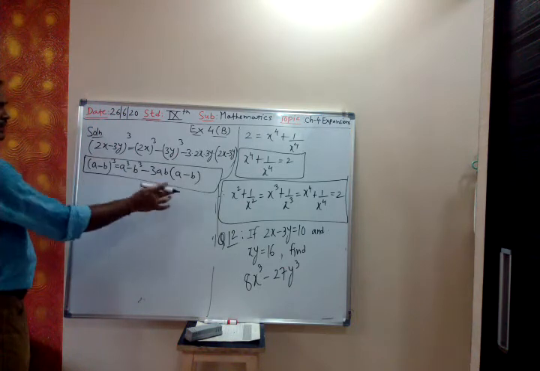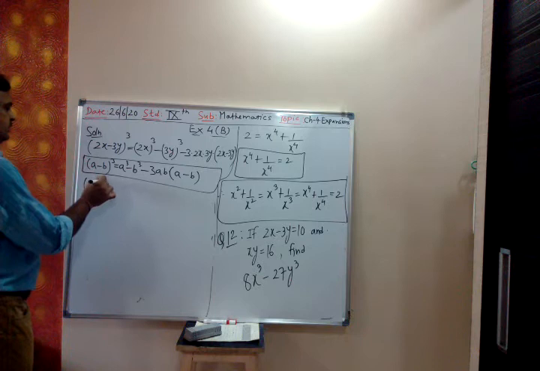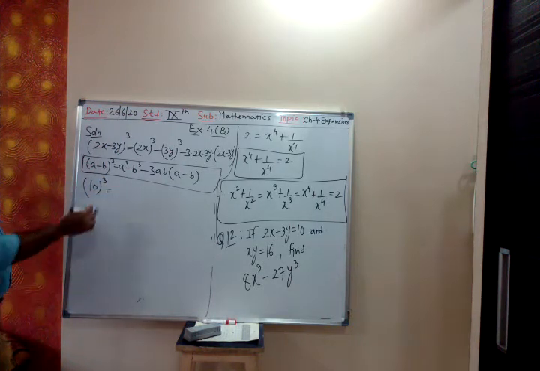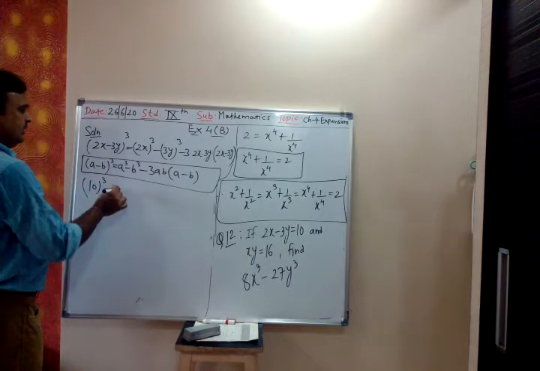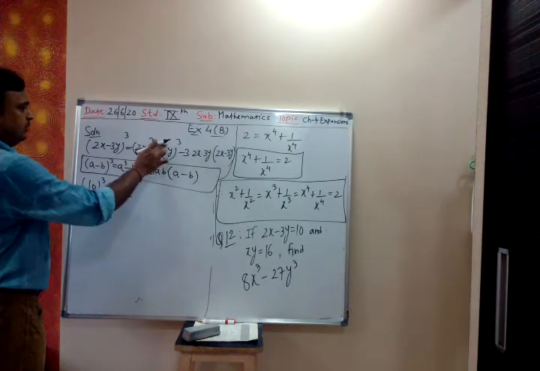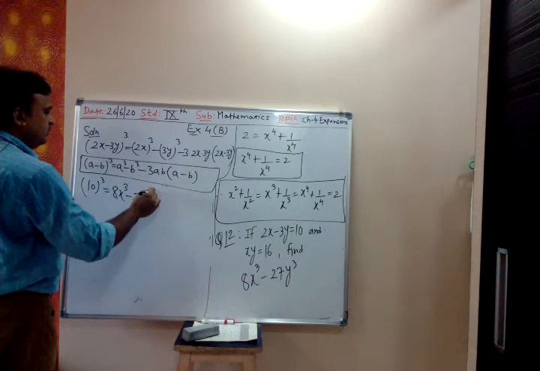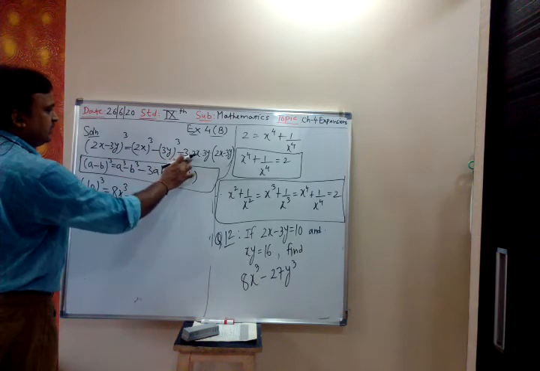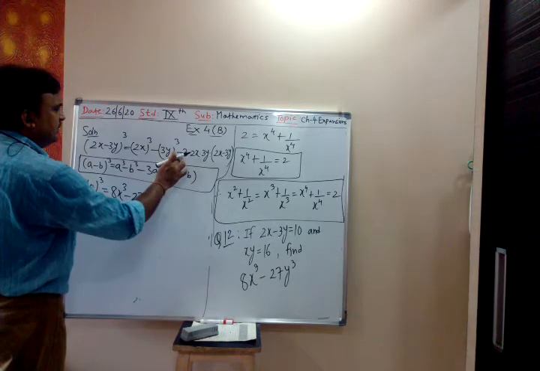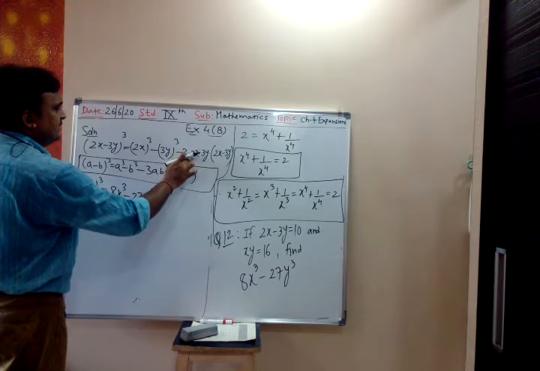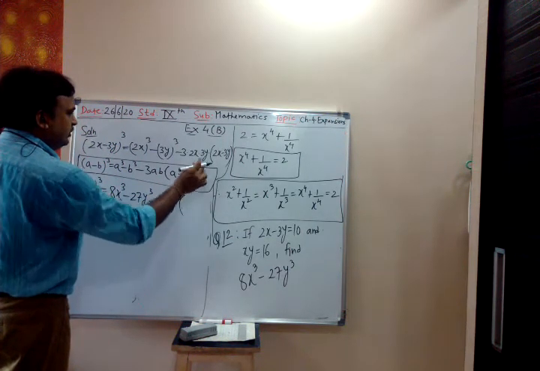Now 2x minus 3y, this value is given 10. So we write 10 cube is equal to 2x cube. 2x cube is 2 into 2 into 2, 8x cube, minus 3 cube, 3 into 3 into 3, 27y cube, minus 3 into 2, 6, 6 into 3, 18xy into bracket 2x minus 3y.